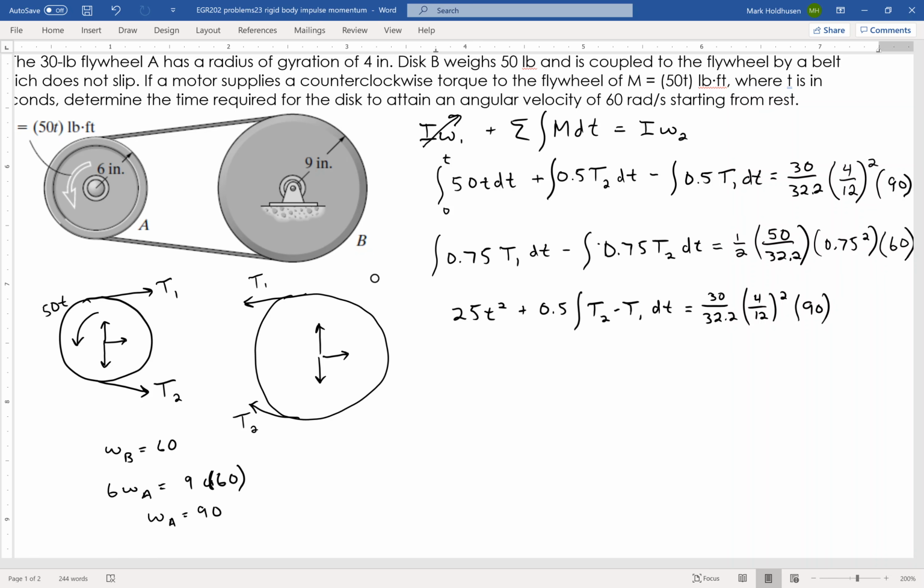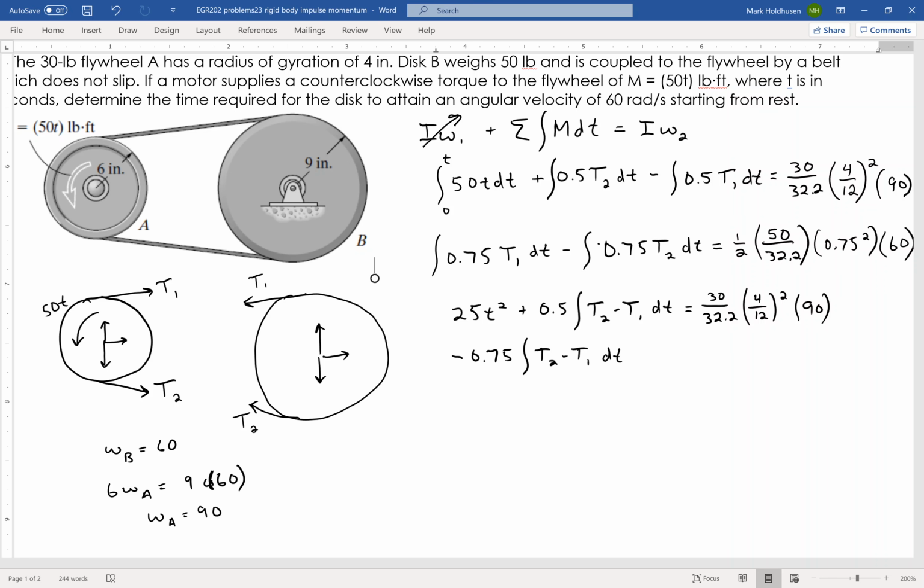Then the second equation, I can rearrange a little bit, and I get negative 0.75 times the integral of T2 minus T1 dt. I put that negative sign in there to get it to look the same as it does above.